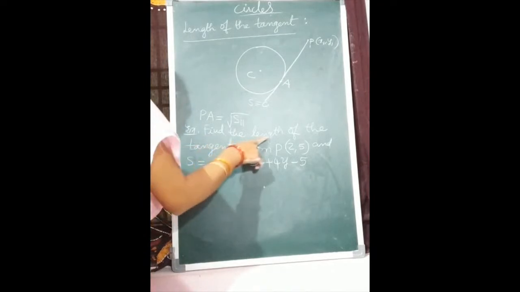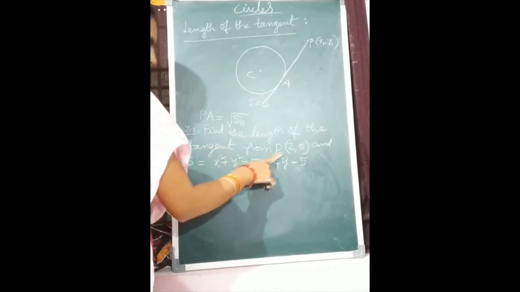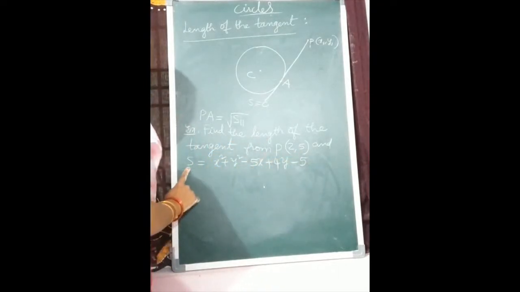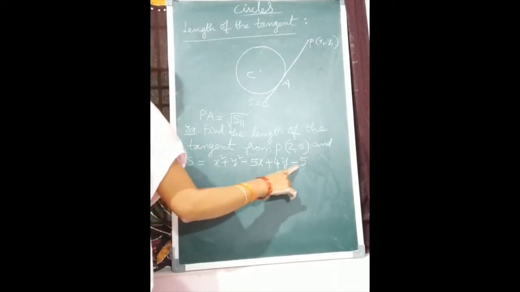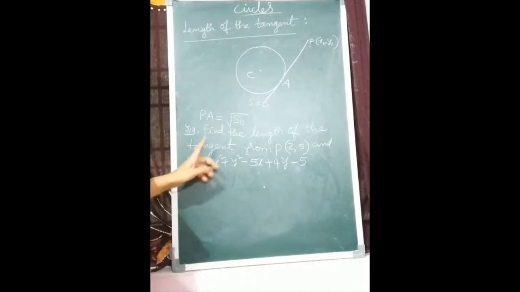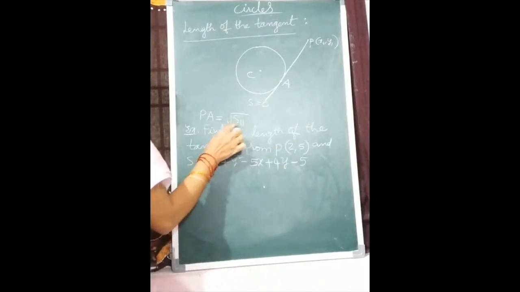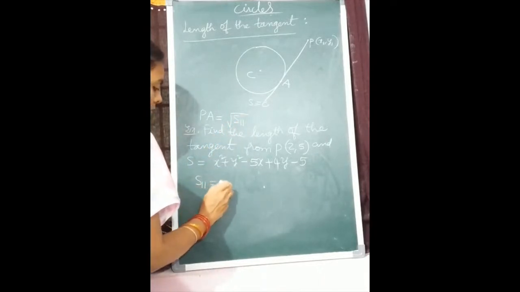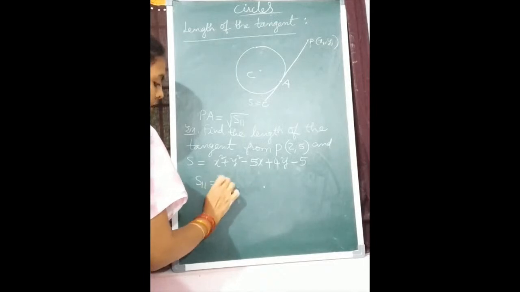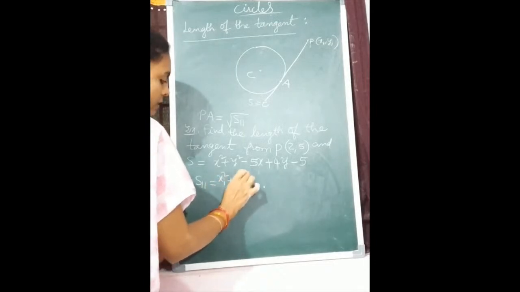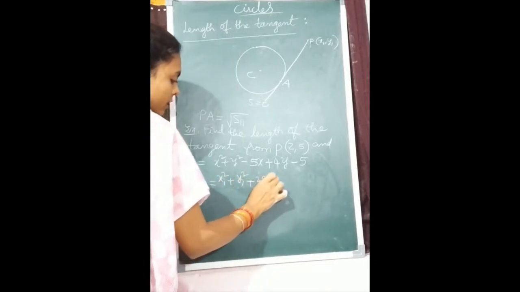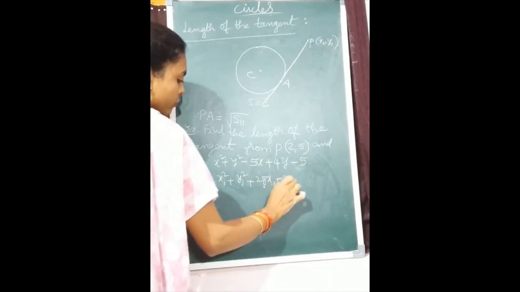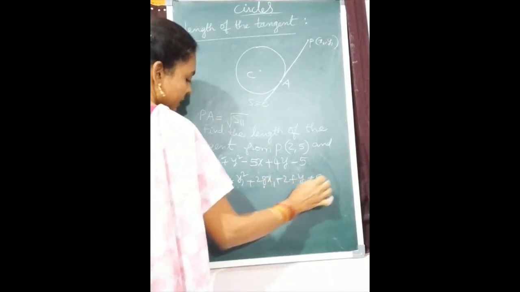For example, find the length of the tangent from P(2, 5) to S equal to x square plus y square minus 5x plus 4y minus 5. To find the length of the tangent, we have to find root S11. S11 is equal to x1 square plus y1 square plus 2gx1 plus 2fy1 plus c.